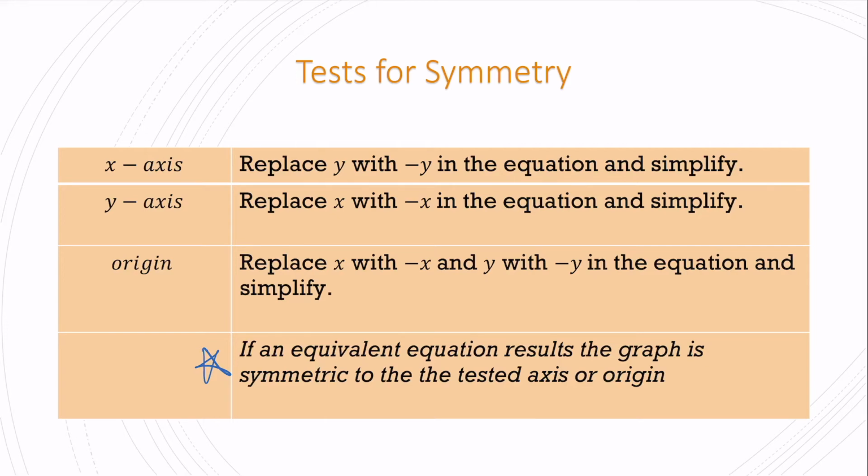In order to test symmetry to the y-axis, you substitute in negative x and simplify. And to test symmetry to the origin, you substitute in both negative x and negative y, and then simplify. That will tell you if your graph is symmetric to the x-axis, y-axis, or origin.